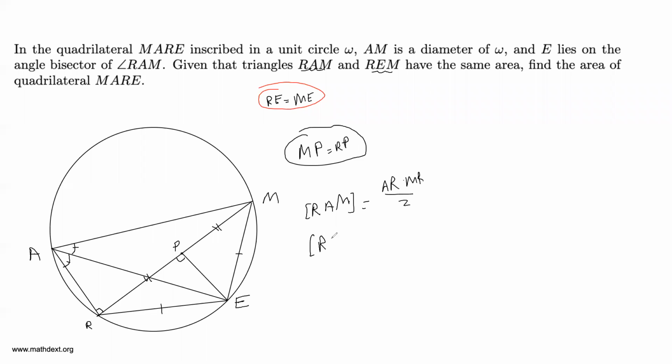Triangle REM has area base times height over 2 as well, and since EP is the altitude to side RM, its area is EP times MR over 2. These two are equal to each other. Essentially, this means that AR is equal to EP, since AR times MR over 2 is equal to EP times MR over 2. So we can mark those down as well.